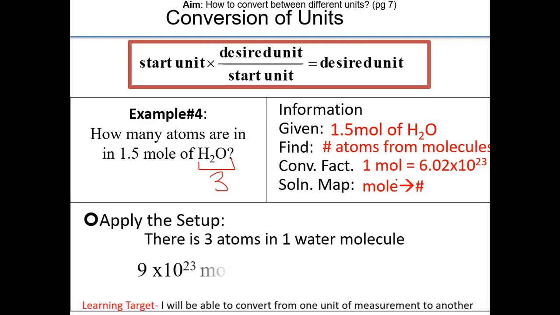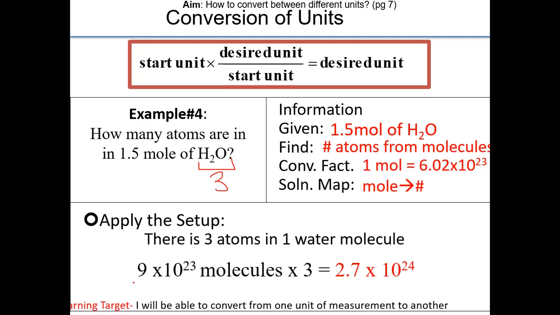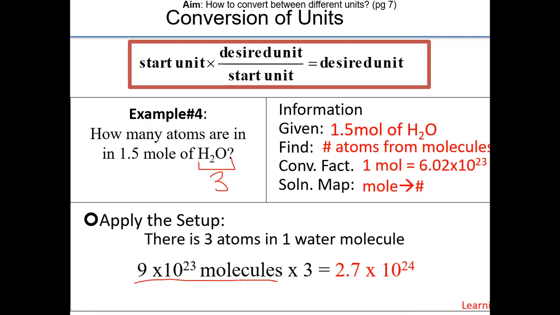So this is what we got from the previous question, right? That's for molecules, right? We have 9 times 10 to the 23rd molecules. There's 3 atoms in 1 molecule. So therefore, we multiply this by 3. That would be 2.7 times 10 to the 24th. This only applies for water. So keep that in mind. Okay?